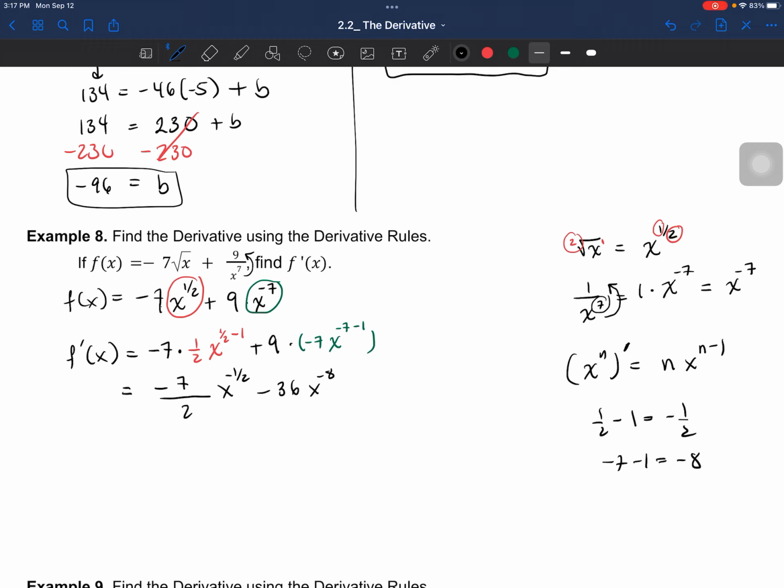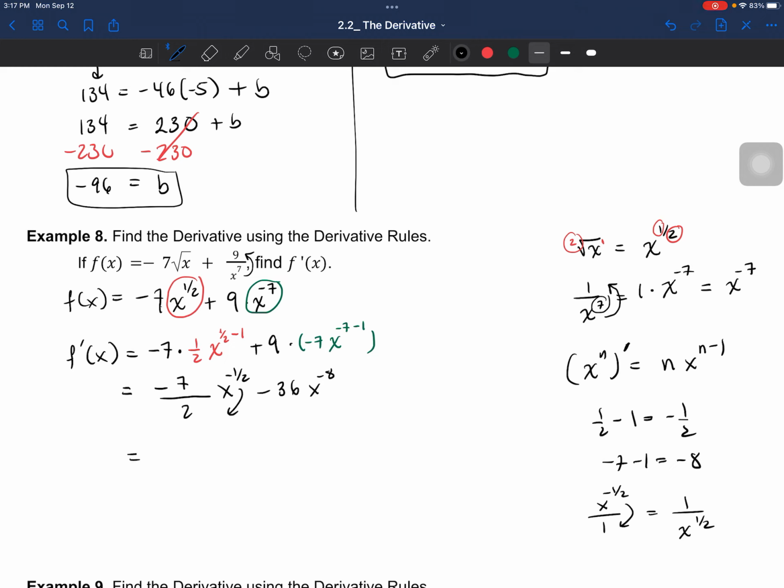But we need to make sure that this is written nicely in terms of radicals, and doesn't have any negative power. So we're going to do the same thing as we did before, right? When you want to move something from the top to the denominator, what are you going to do? You're going to change the power sign.